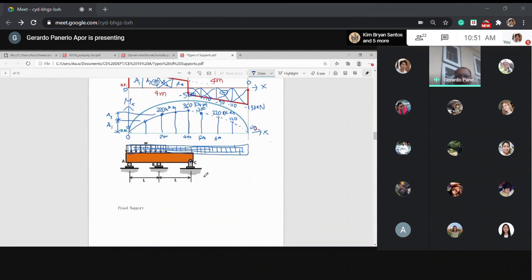You need to idealize it and reflect it in your model or on paper if you are doing long hand calculation, and then from there you can apply the theory behind the analysis of structure.